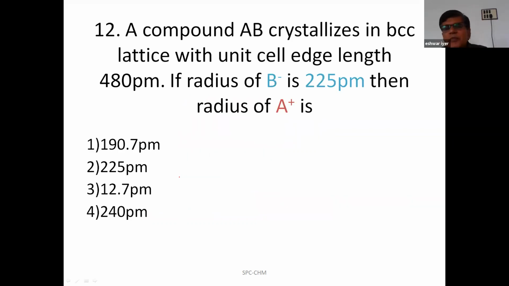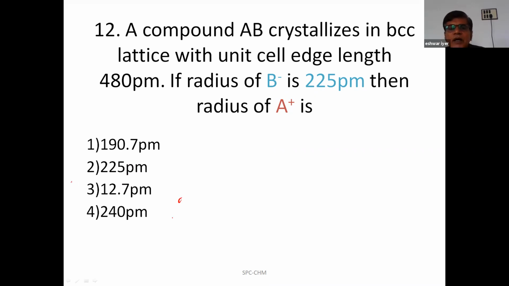A compound AB crystallizes in BCC lattice with unit cell edge length of 480 picometer. Then the radius of B minus is 225 picometer, and what is the radius of A plus, they are asking. So this compound is formed by the two constituents.